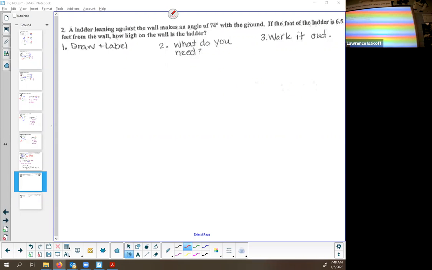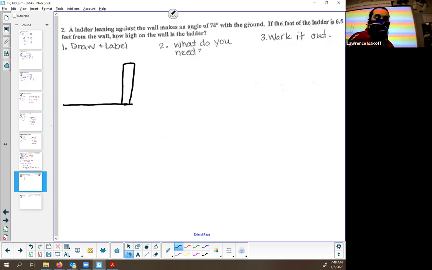Okay, so I'm going to start drawing a picture here. So I have the ground and I have some wall here, right? I'm going to lean a ladder against it. So that's going to look something like this.